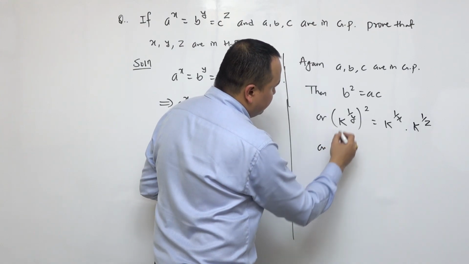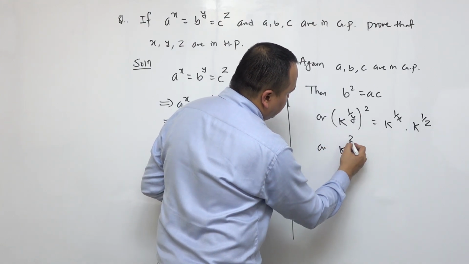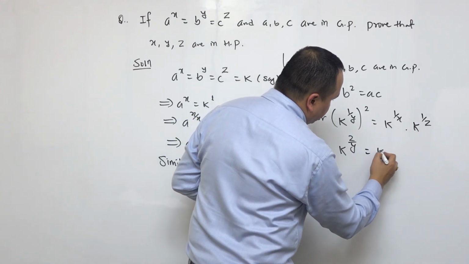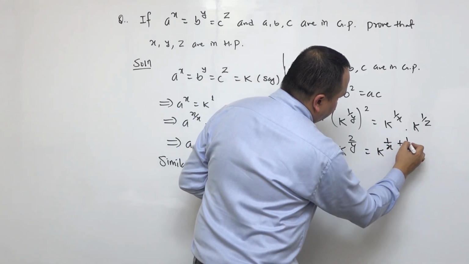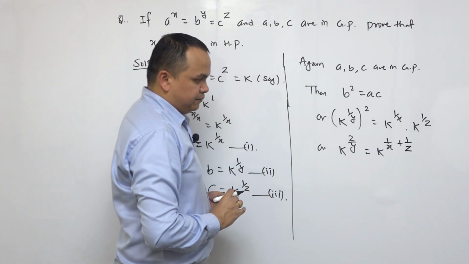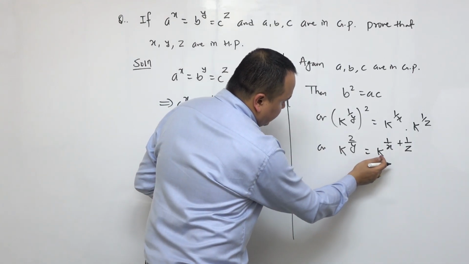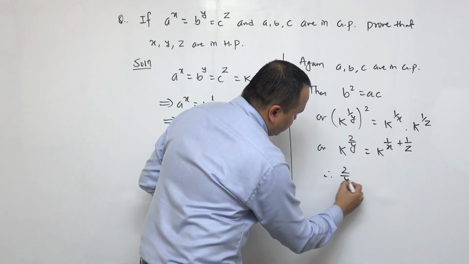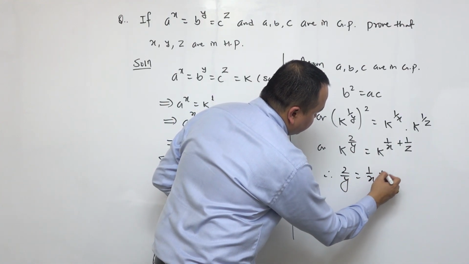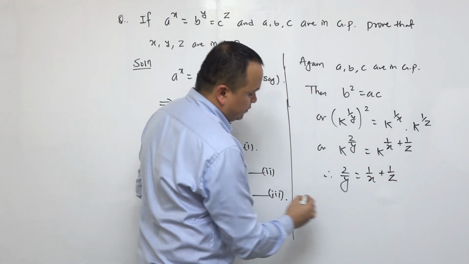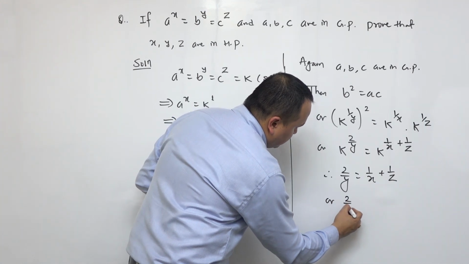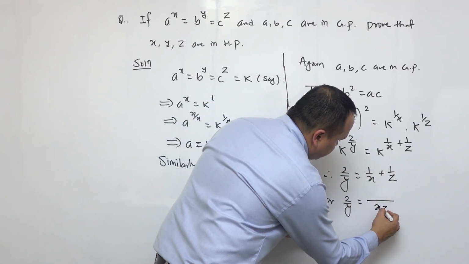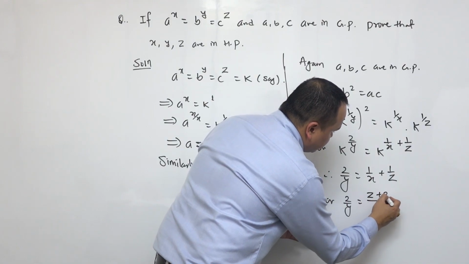By the law of indices, this is K to the power 2 upon Y. Similarly, K to the power 1 upon X plus 1 upon Z. Here K and K are the same, the bases are the same. Therefore, 2 upon Y is equal to 1 upon X plus 1 upon Z, or 2 upon Y is equal to, taking LCM, (Z plus X) upon XZ.